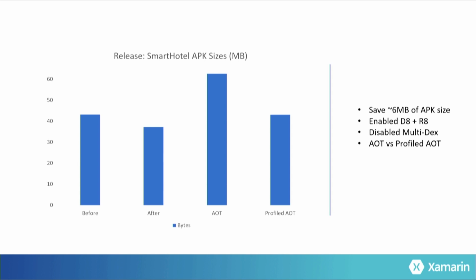So when I enabled that with my other improvements, the APK came out the same size as before, but startup so much quicker, and it's a win-win. So that may be the way to go. Profiled AOT is in the 16.2 preview right now, or 8.2 preview on Mac. So you might give that a shot.